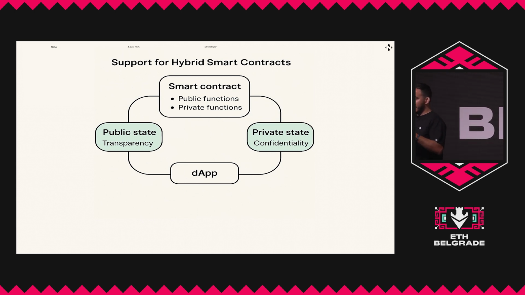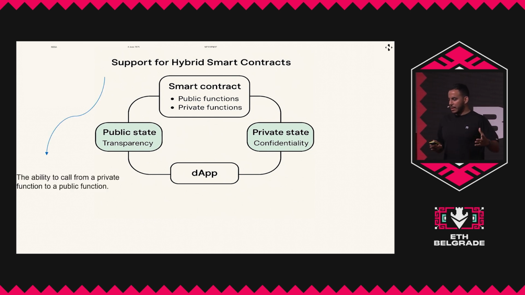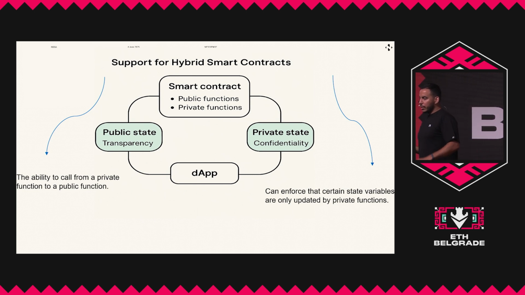So a contract can have a public method that triggers some private functions, or we want to be able to call a public function from a private function, like de-shielded and shielded executions. We also want to enforce that certain state variables can only be updated by private transactions or by public functions.